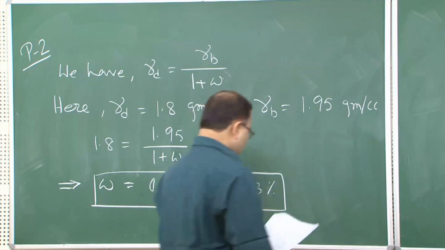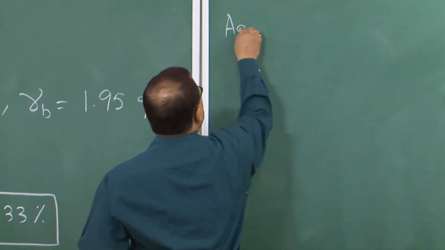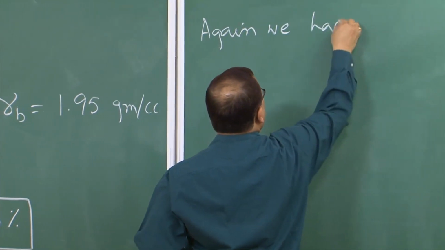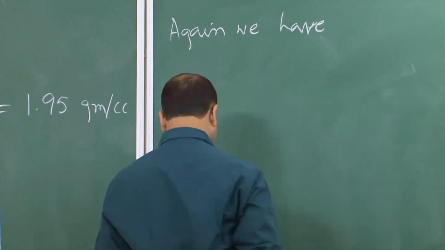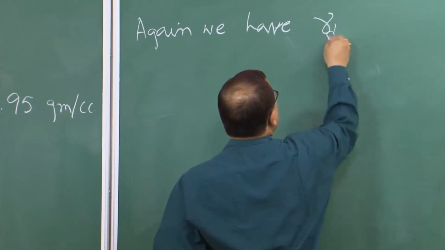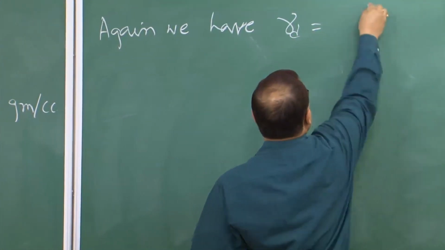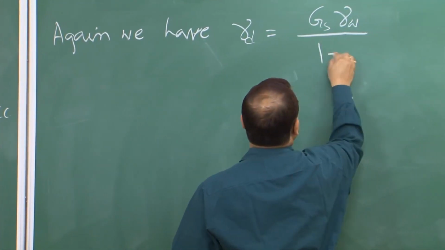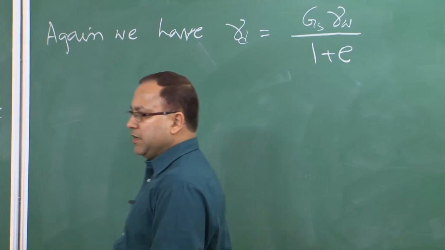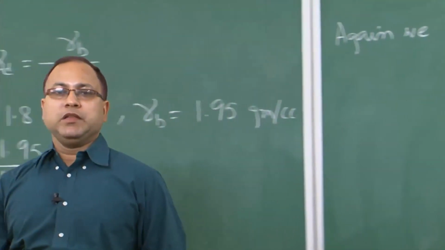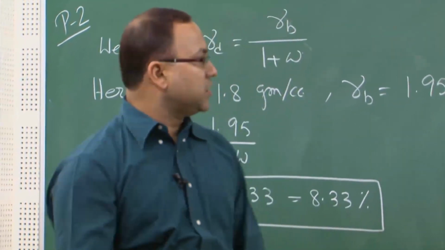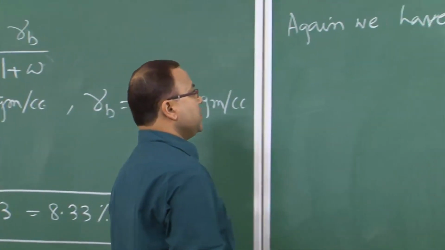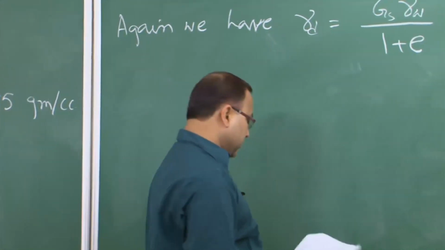Okay. Now, again we have gamma D equal to, and again this relation can be established by following the simple definitions of these parameters. Gamma D is equal to Gs, the specific gravity, multiplied by gamma W, by 1 plus e.